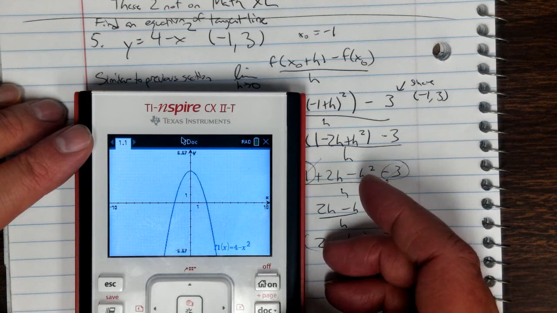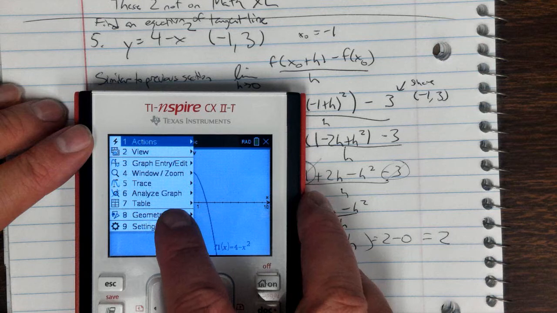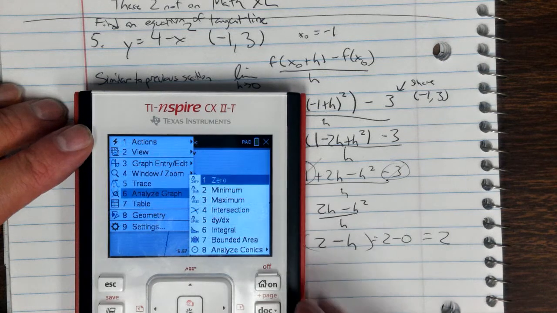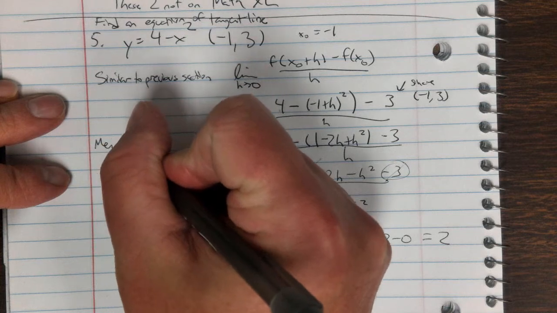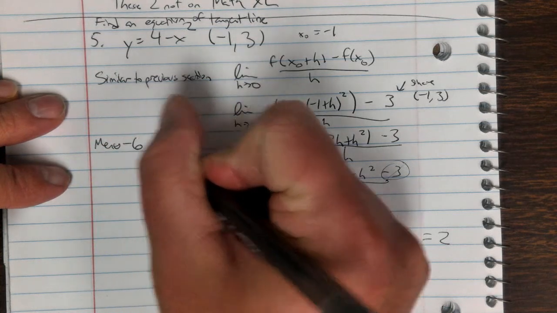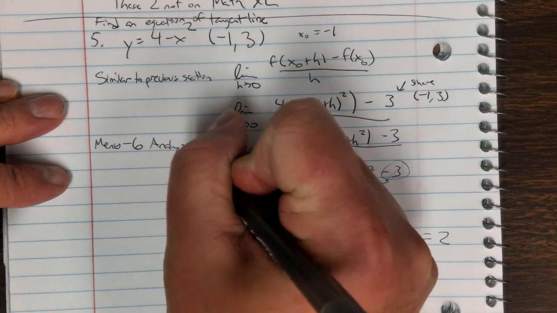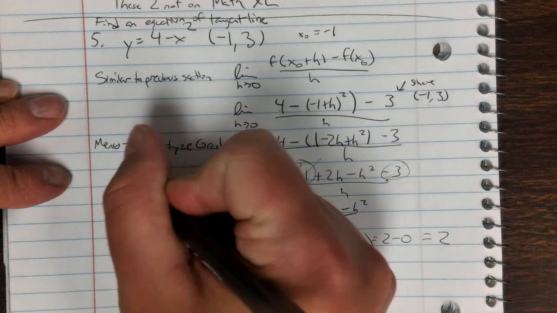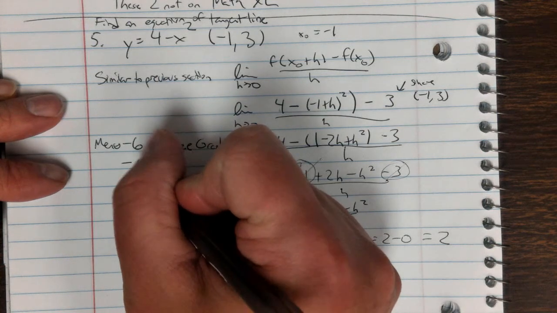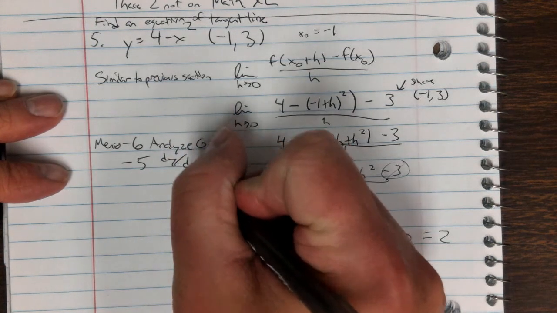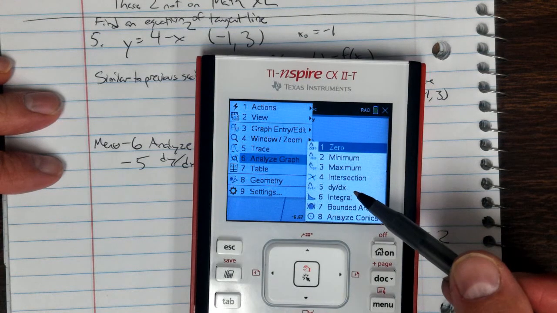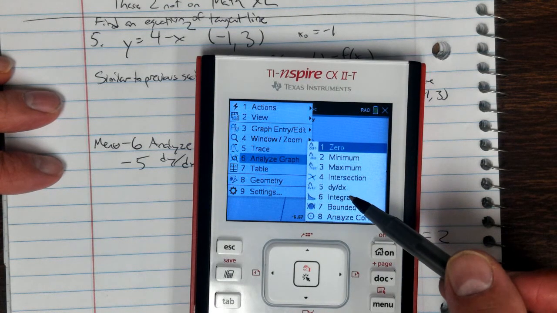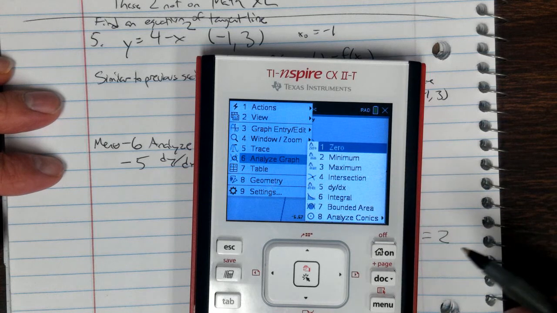Now, you go menu, analyze graph, so that's number 6. And then you want to do 5, which is dy dx. 5 is dy dx, which stands for derivative, and we're basically doing derivatives.